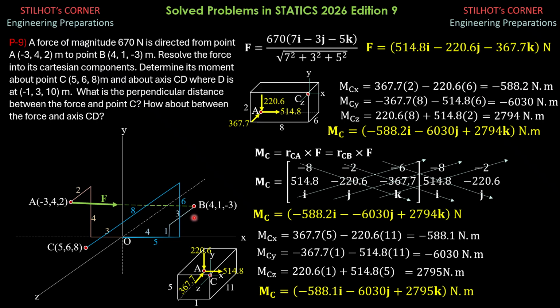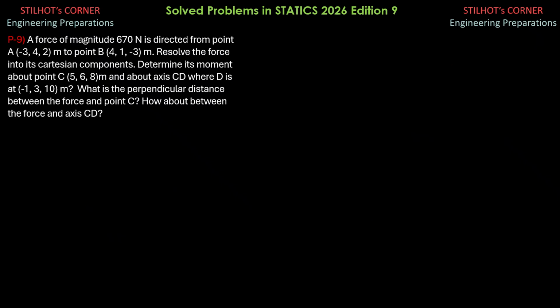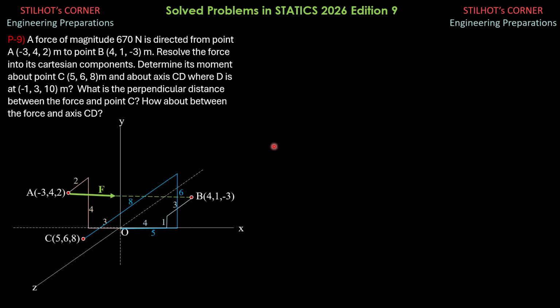This time we have RCB, because B is also a point on the line of action of F. So RCB cross the force is the moment about C. So for the second approach, which is by cross product, as promised, RCB cross F. So that's the figure.